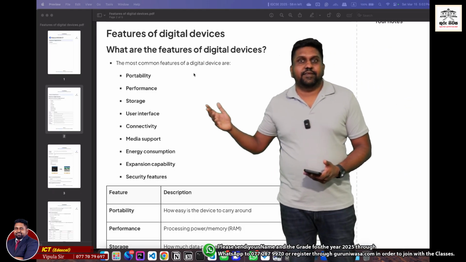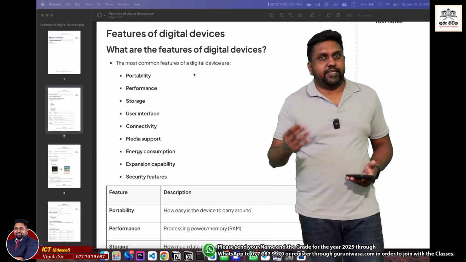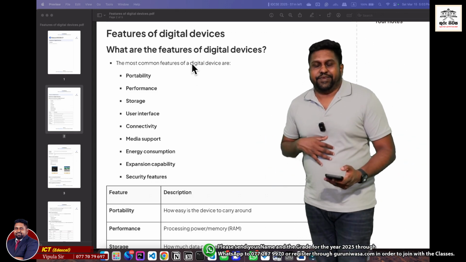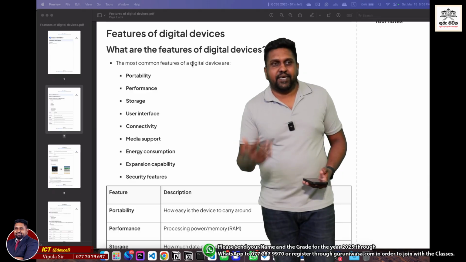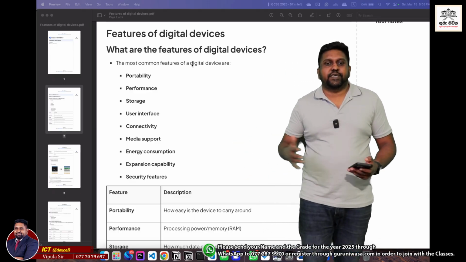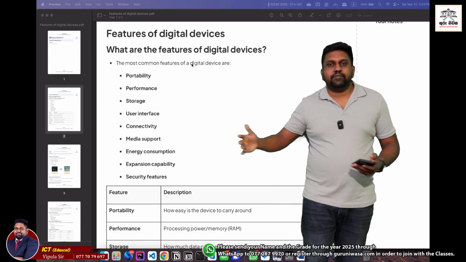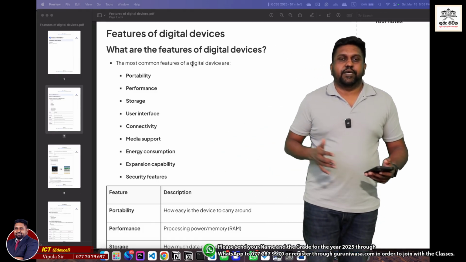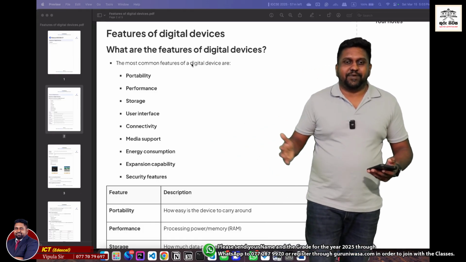As well as connectivity. Connectivity is one of the most crucial things, because whatever device you create or build, it must have some sort of connectivity within the devices, so that it makes sure the device works properly.